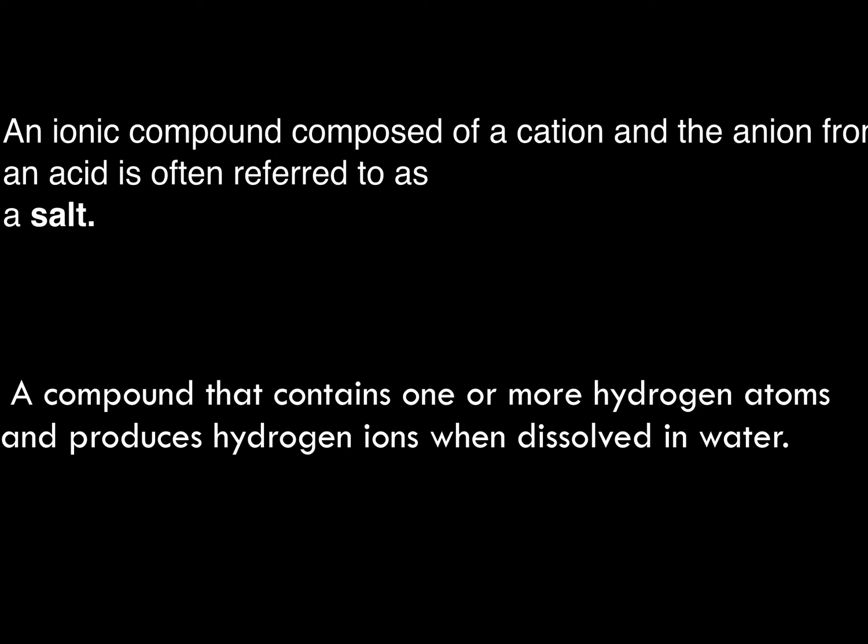An ionic compound composed of a cation and anion from an acid is often referred to as a salt. An acid is a compound that contains one or more hydrogen atoms and produces hydrogen ions when dissolved in water.